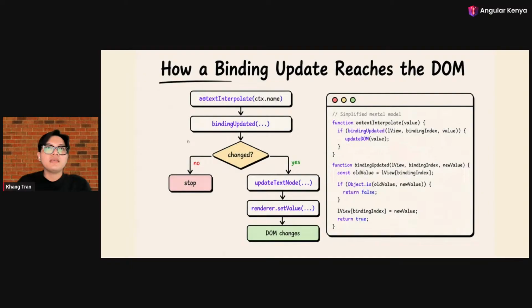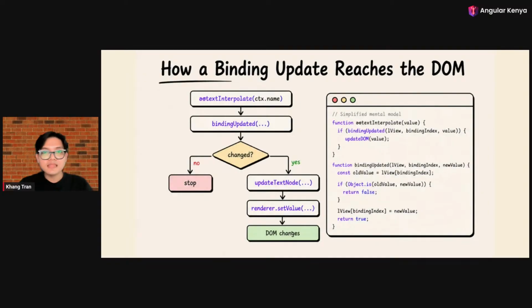If nothing changed, the update will be skipped. But if there is a change, then it will call the corresponding function like updateTextNode, and by the end of this, it will reach the renderer's setValue function.